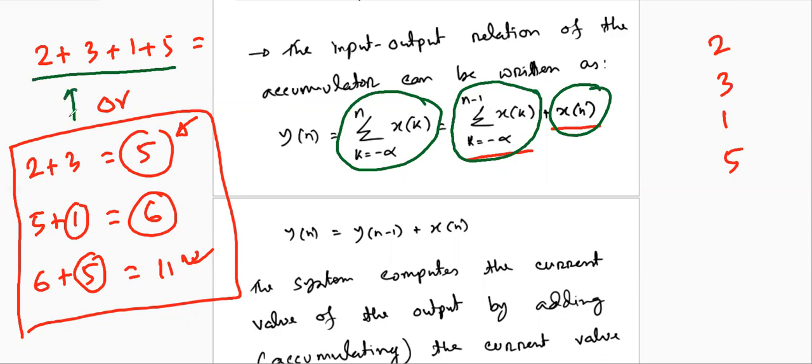So what is the difference between these two systems? In system number 1, you need more memory locations for storing those data. In the second case, conventionally, you need actually 2 memory locations: the previous output and the recent input.